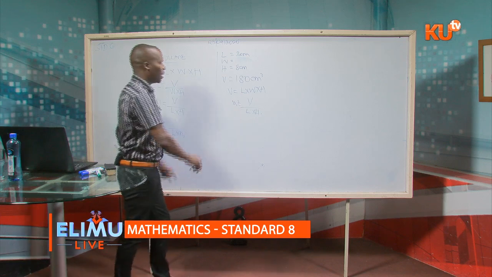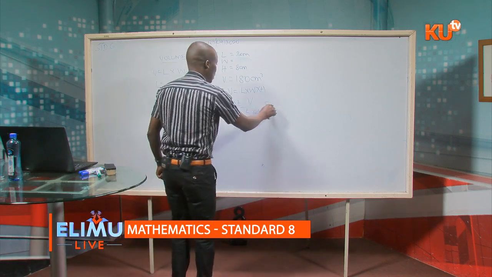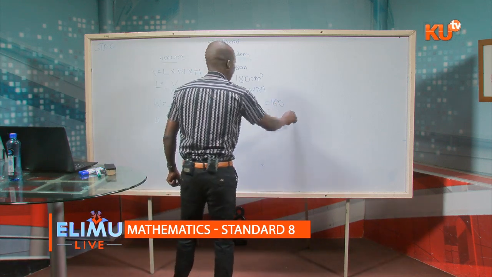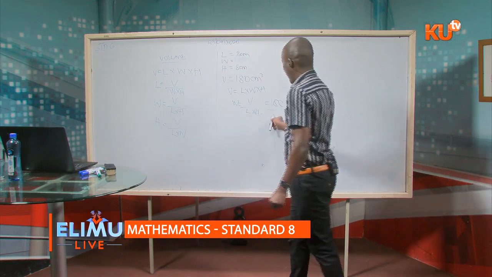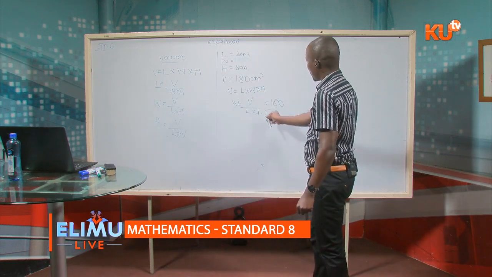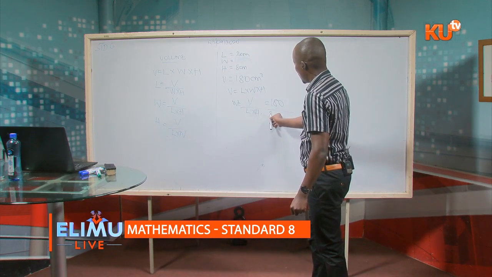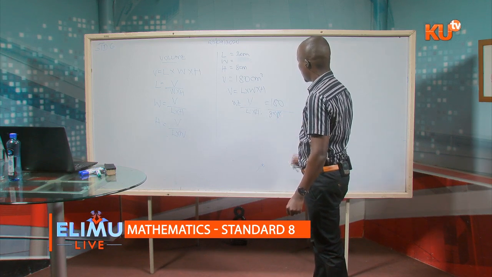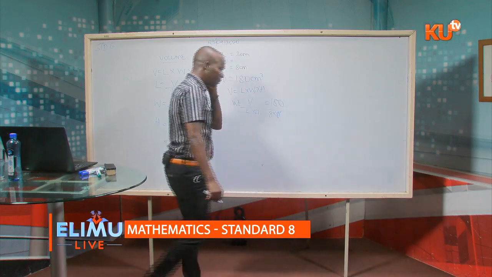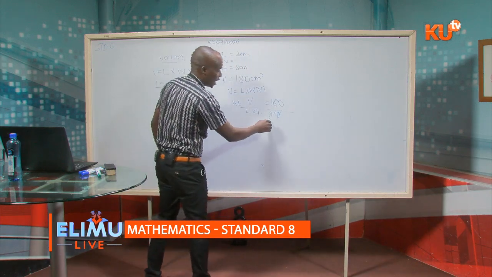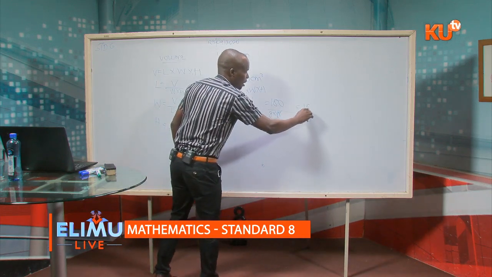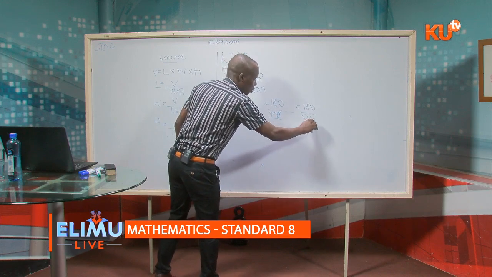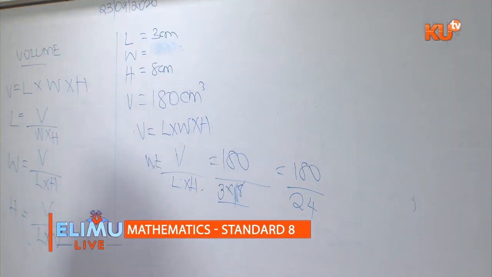So volume is 180 over 3 times 8. You can do it at home and try. The product of 8 and 3 is 24, so 180 over 24. Divide properly.